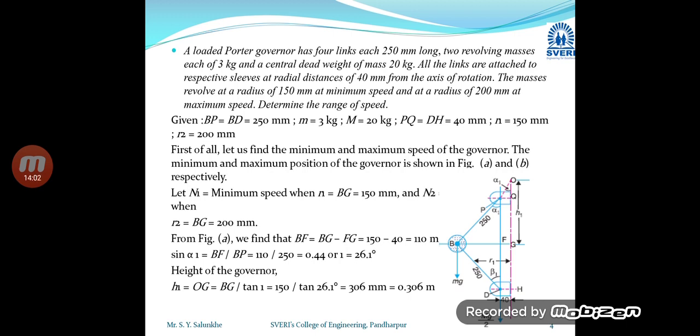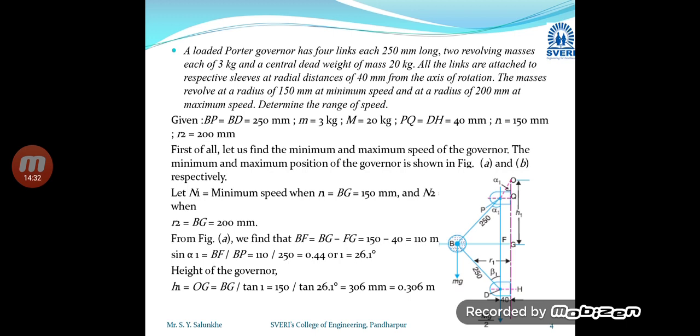This central mass is 20 kg, and the small mass, that is the fly ball mass, is 3 kg. All the links are attached to respective sleeves at a radial distance of 40 millimeter from the axis of rotation. That is, the eccentric distance given is 40 millimeter. Links are connected at 40 millimeter from the spindle axis, that is the axis of rotation.